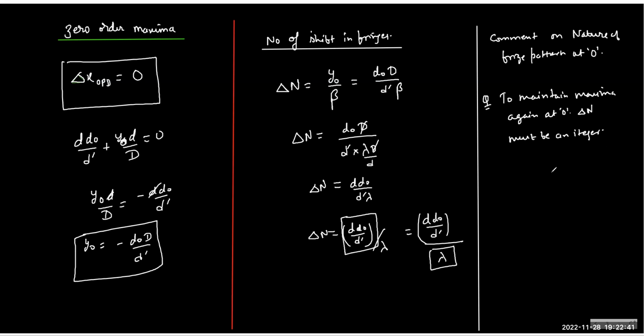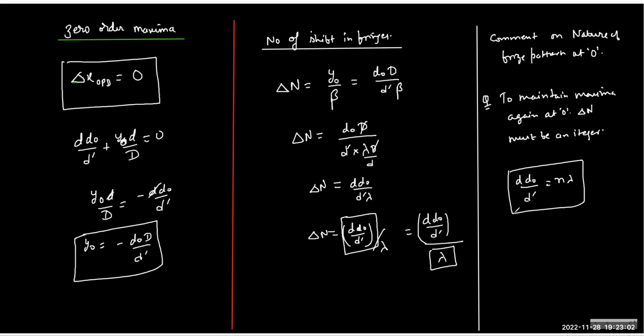Do you realize this? Which means if the extra path length is having n lambda, the maxima or the central brightness will be maintained. Do you realize what I'm saying?